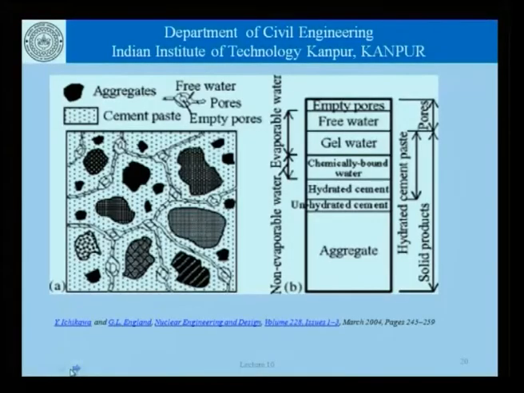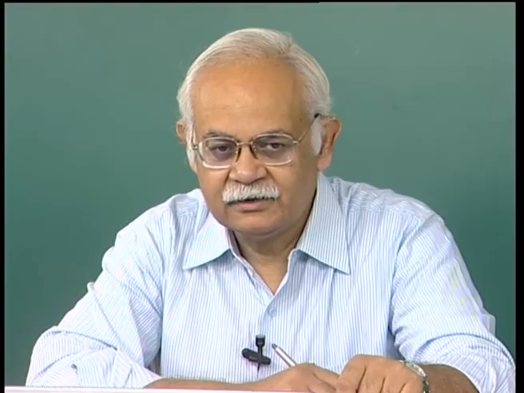Another model by another researcher is shown here, where there are aggregates, there is cement paste, there is free water, there are empty pores, there are saturated pores and so on, and this here is some kind of a representation of the different phases.